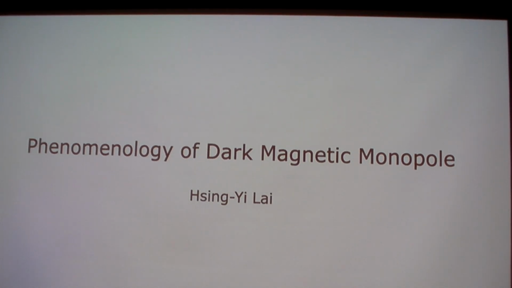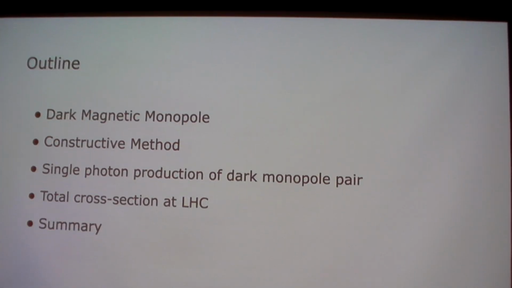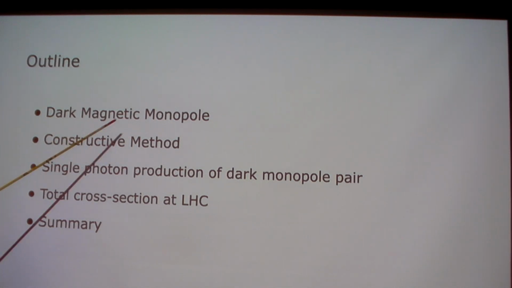Feel free to interrupt me anytime, as I'm open to any question. This is what I've been doing with John. It's about dark matter monopole, and I will first introduce what that is.